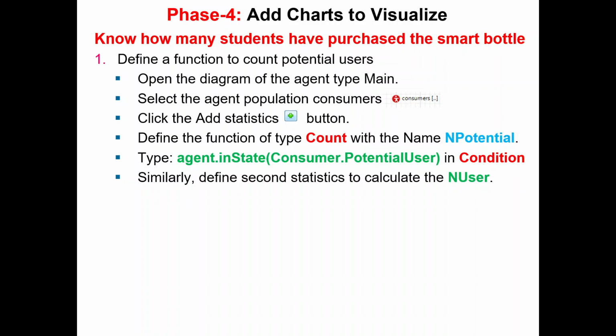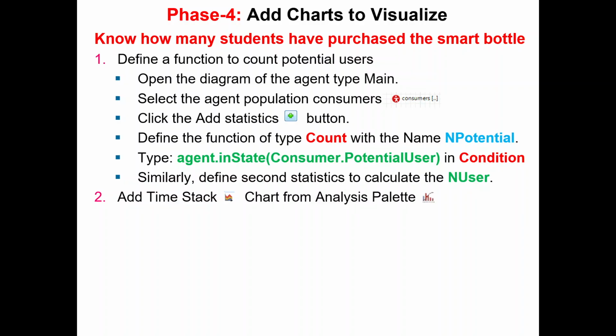And for counting, we will use Java based code in which we will count the agent in state. That means the agents which are in potential user state, and then in user state we will add a statistic for counting the number of users. Once we have defined these two statistics, we want to add them to a chart for the visualization.